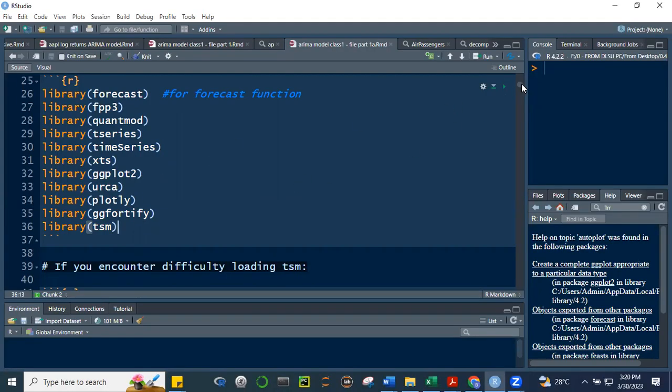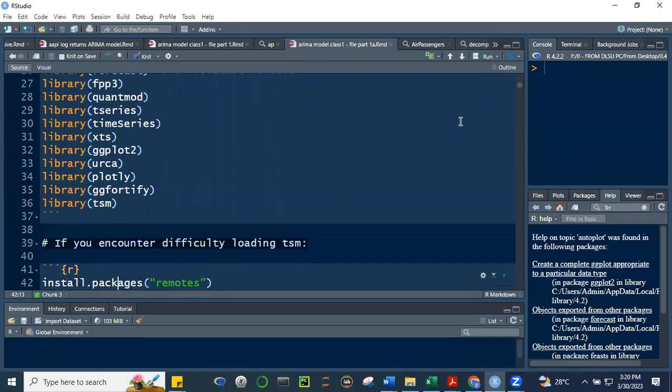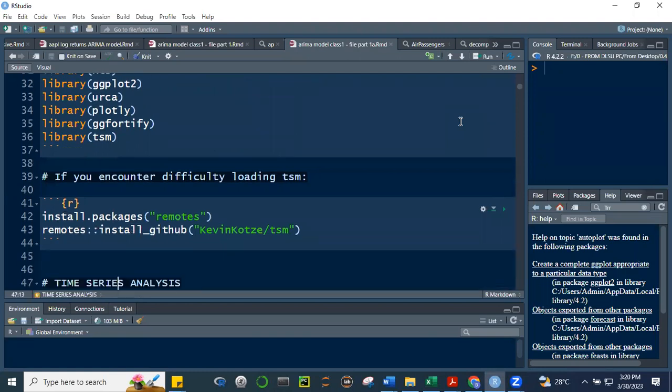If you have difficulty loading TSM, that means it hasn't been archived in CRAN yet. So we can do this. Kindly install the remotes package, and then we will load the TSM package directly from the GitHub of Kevin Kotzé, the one who developed this package.